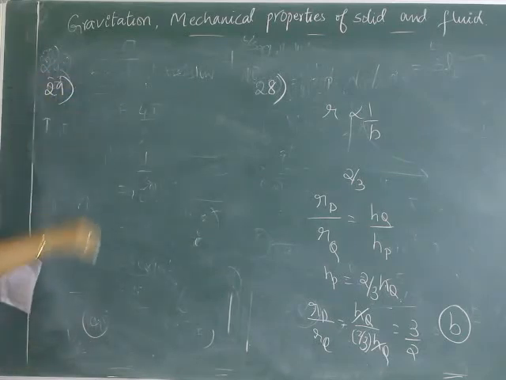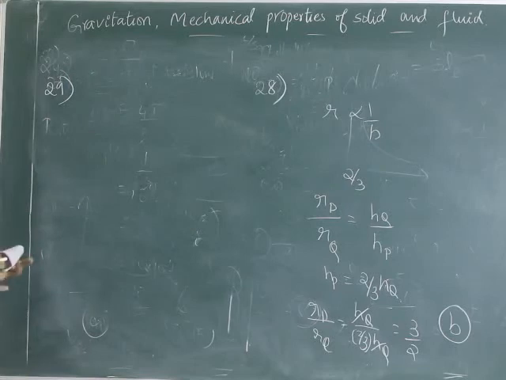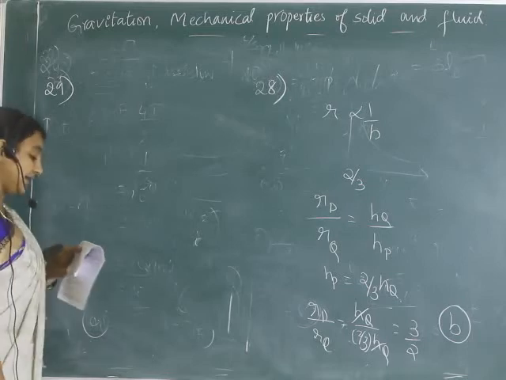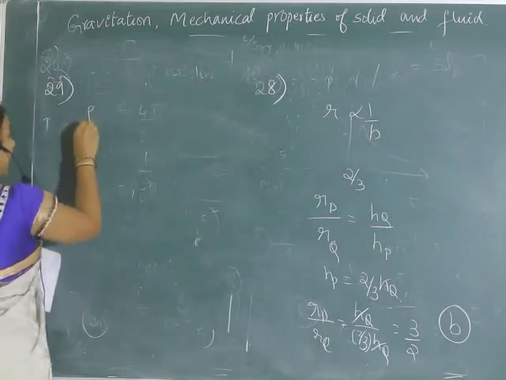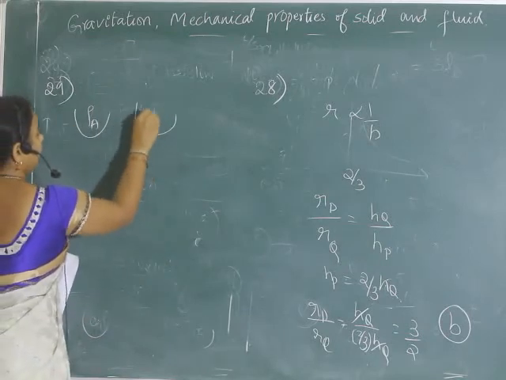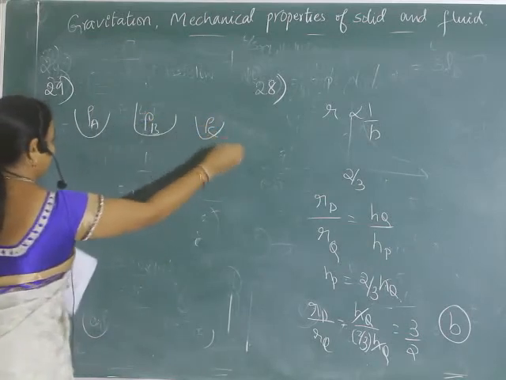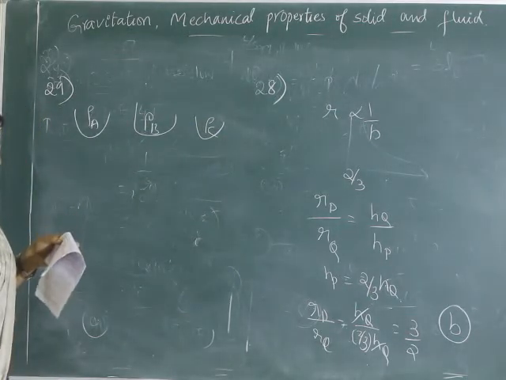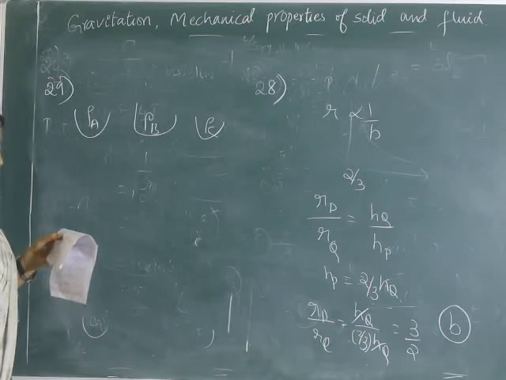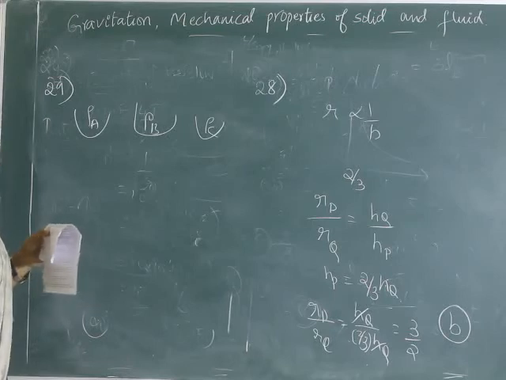Twenty-ninth one. Three liquids of equal masses are taken in three identical cubical vessels A, B and C. Their densities are rho A, rho B and rho C. What is the force exerted by the liquid on the base of the cubical vessel? Densities are different but masses are same, correct?